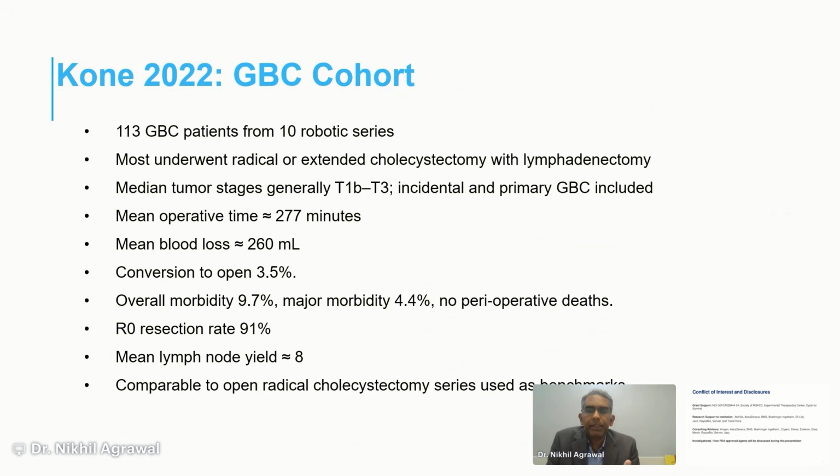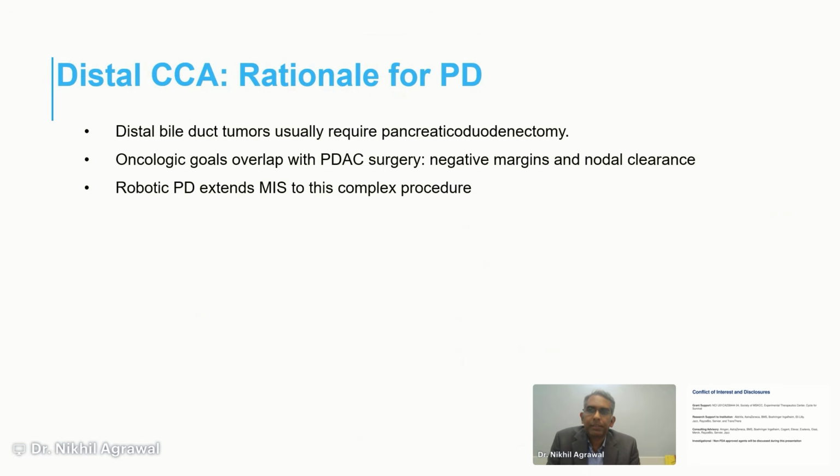Conversion, morbidity, R0 resection rates and lymph node yield were almost the same as I enumerated in the previous study. And if we use open radical cholecystectomy as the benchmark, the outcomes were comparable except the hospital stay and recovery time, which were lesser.